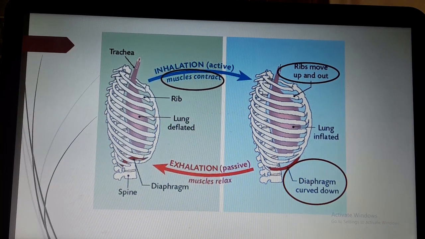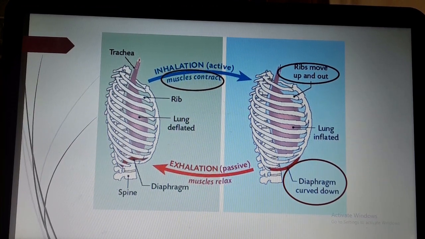But always remember, within the lung cavity there must be some amount of air, otherwise it will collapse. So many of you are asking me regarding the residual volume. That's the residual volume. Means after the forceful expiration, there is still some amount of air. That's actually the residual volume. Okay?